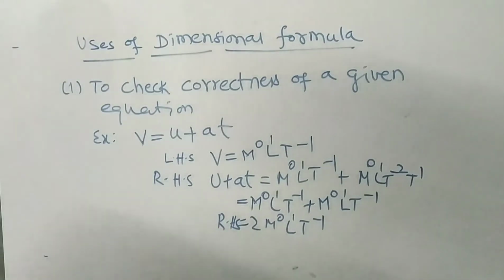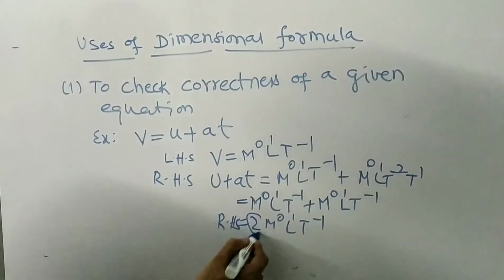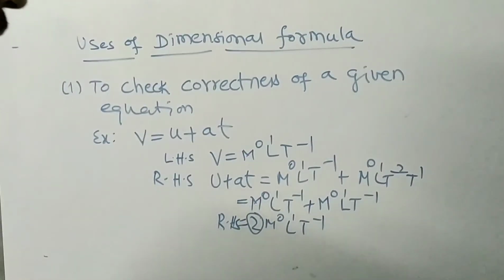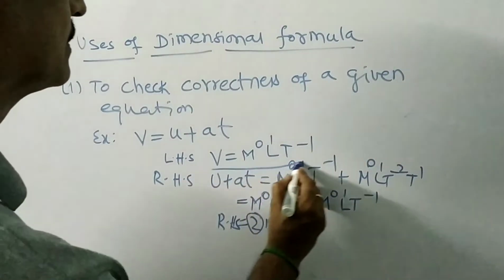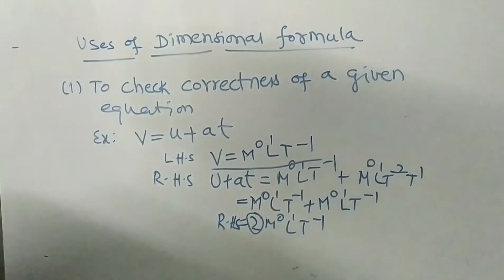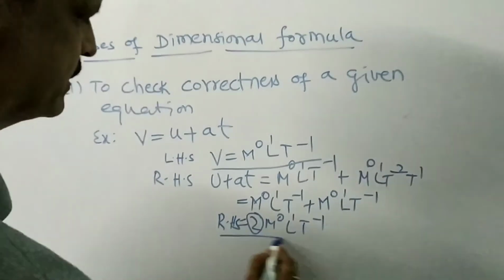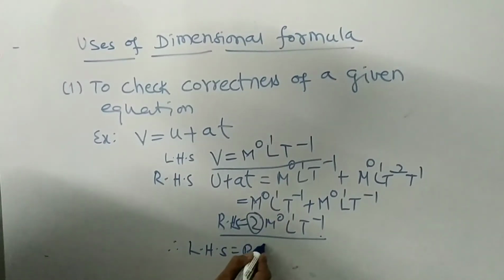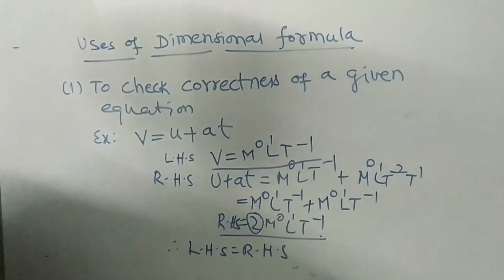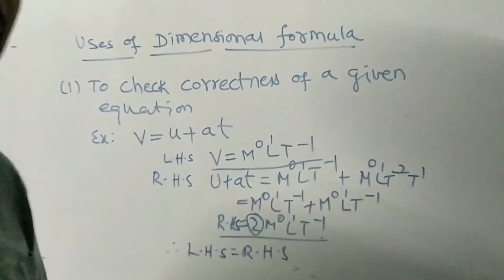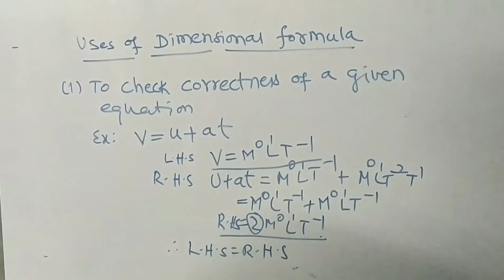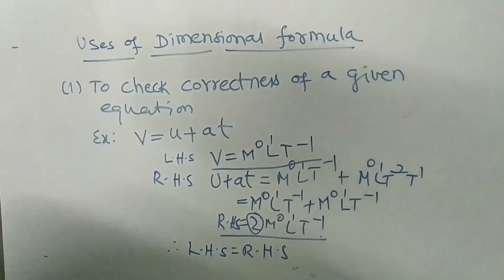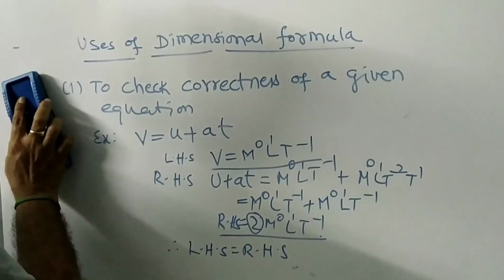Here, this 2 is a number, and a number does not have any dimensional formula. Therefore, LHS, M to the power of 0, L to the power of 1, T to the power of minus 1, is equal to RHS. Hence, the above equation is correct. So this is one of the usefulness of the dimensional formula, that is to check the correctness of a given equation. This is the first use of the dimensional formula.